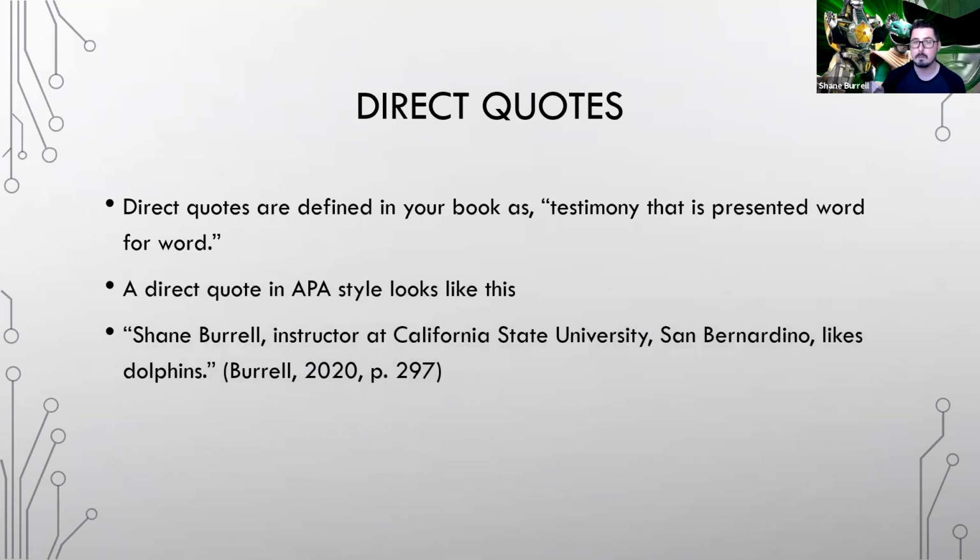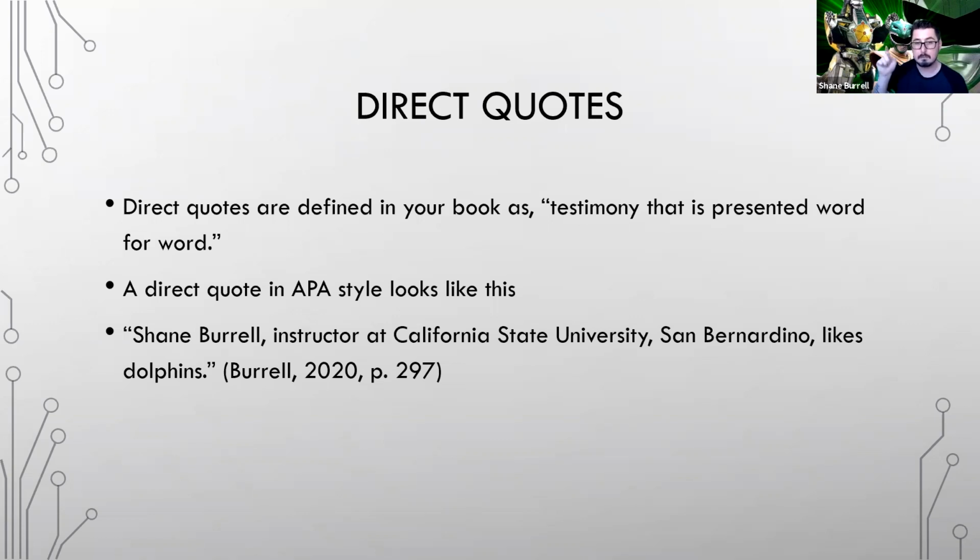So if this came straight out of an article that was citing this guy named Shane Burrell, it would say Shane Burrell, instructor at California State University, San Bernardino, likes dolphins, said in Burrell, where it says Burrell 2020, and then you have to give the exact page number, p. 297, right?